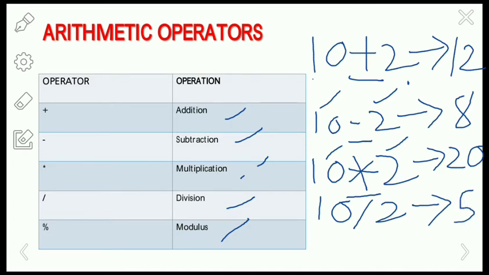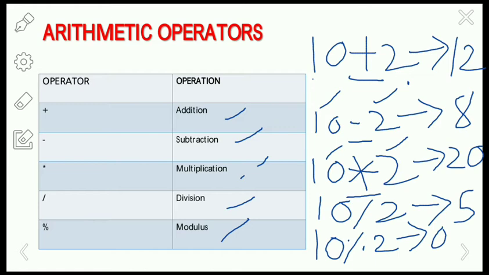Whereas modulus gives the remainder of the given statement. 10 modulus 2 gives the answer 0, because after dividing 10 by 2 we get 0 as the remainder. So division gives the quotient of the division operation, and modulus gives the remainder.